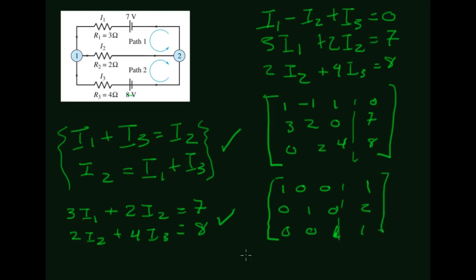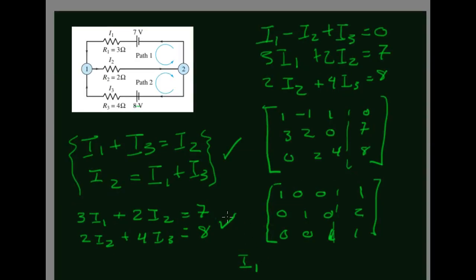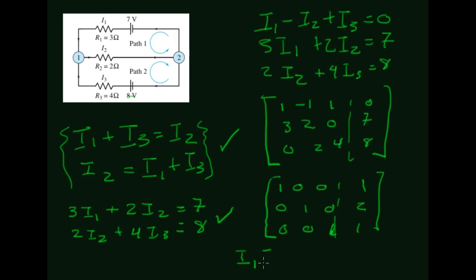So this means that the current at the first resistor should be 1 amp. The current at the second resistor should be 2 amps. And the current at the third resistor should be 1 amp, not 3. 1 amp again.